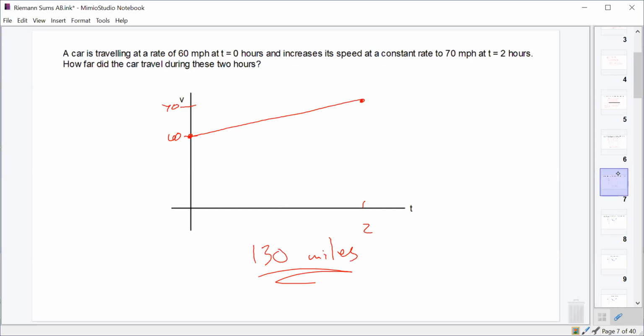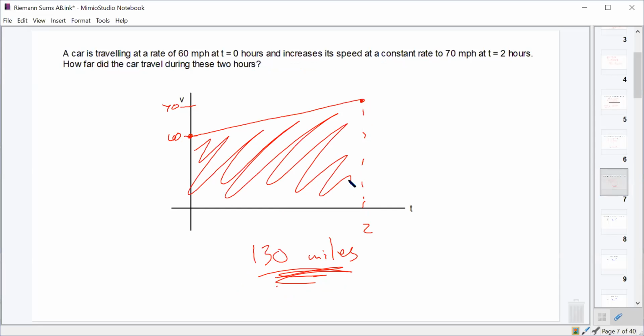Right, what about this one? The one that we were pretty sure was 130, but we weren't 100% positive. Well, the area underneath this is just a trapezoid, isn't it? Two parallel bases. So find the average of the bases and then multiply that by the height.